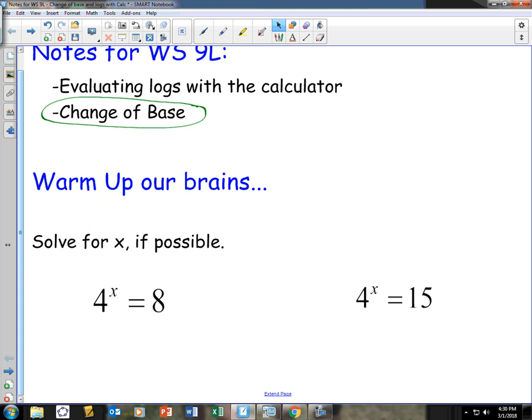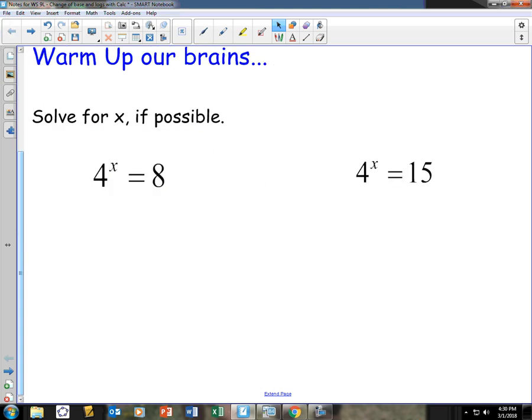So let's warm up our brains at first. If we are looking at this problem here, 4 to the x equals 8, what I am looking for is, can they have the same base? Can I rewrite them as 2 to the something? Yeah, I think I can.